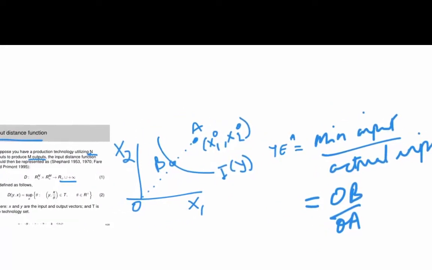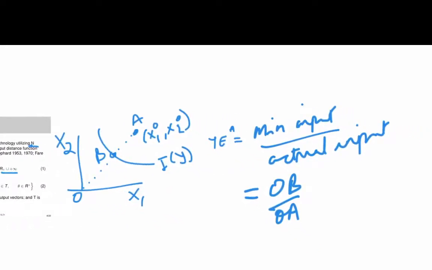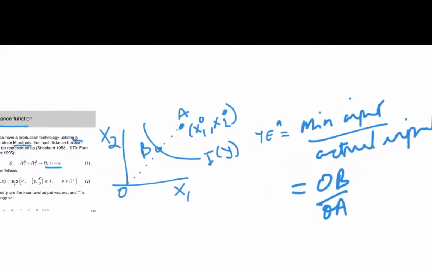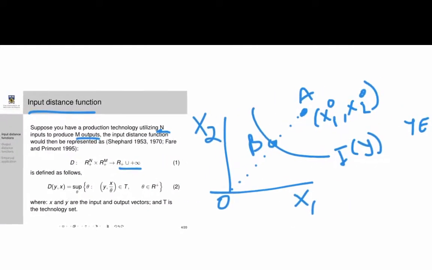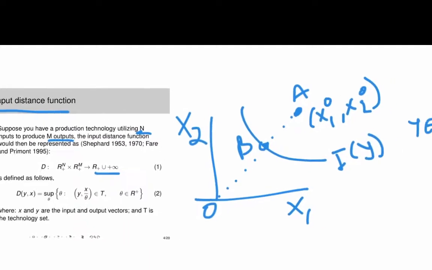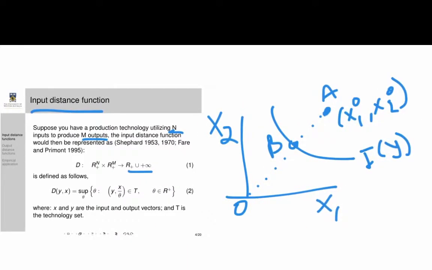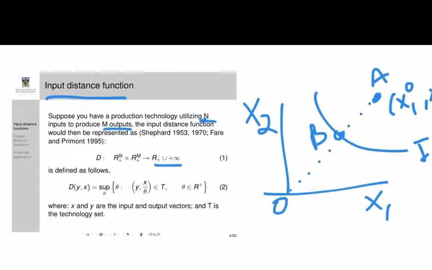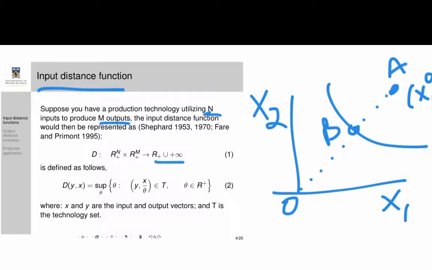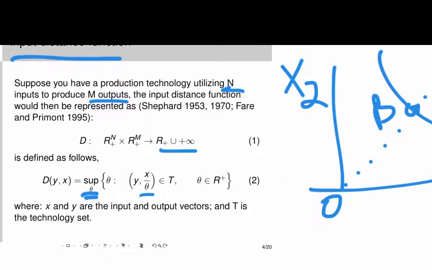We know that. Now, what does the input distance function represent? Well, the input distance function represents the same concept, but it's defined in the inverse, in the sense that we are looking for a number, theta, that we can shrink our input vector by, scale it by, and still be able to produce y.